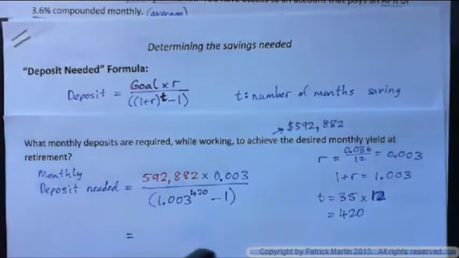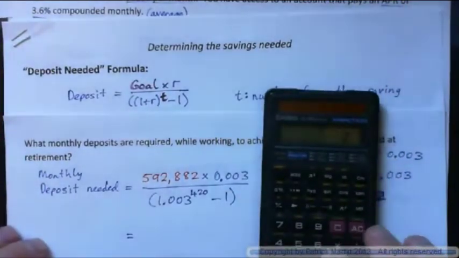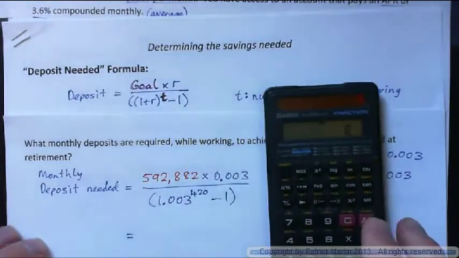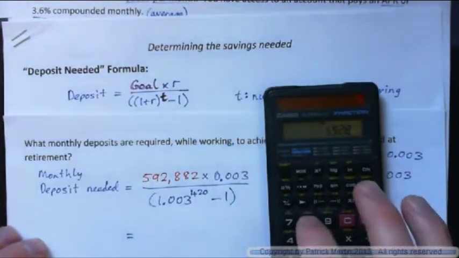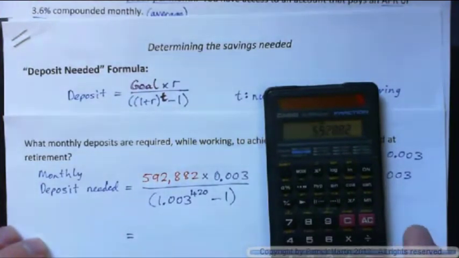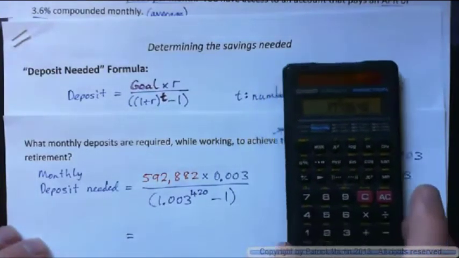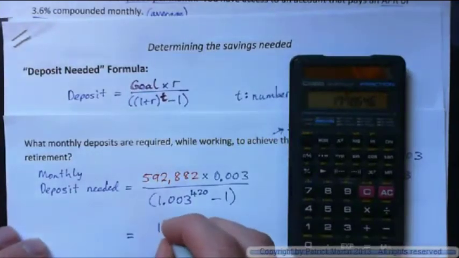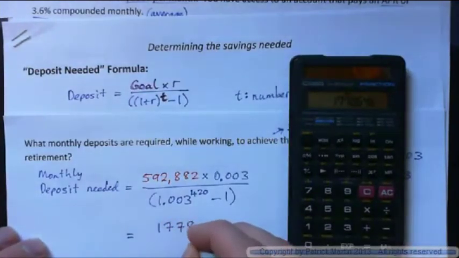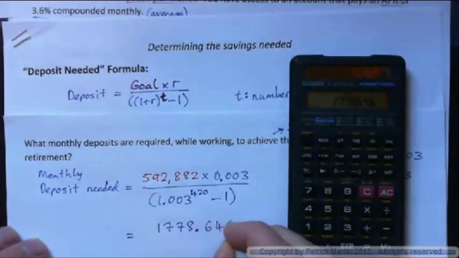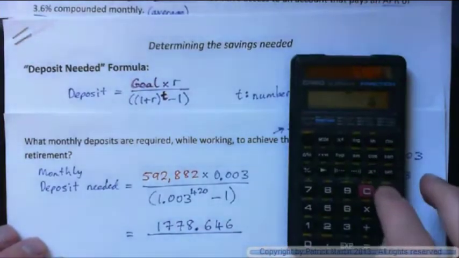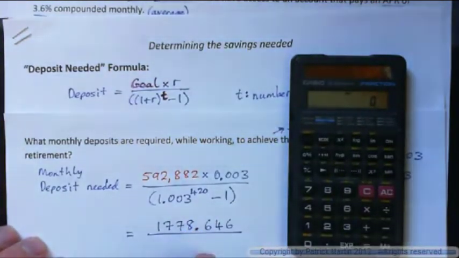Okay, so 592,882 times 0.003 equals 1778.646, and the bottom is this. So we'll calculate the top and bottom, then divide.